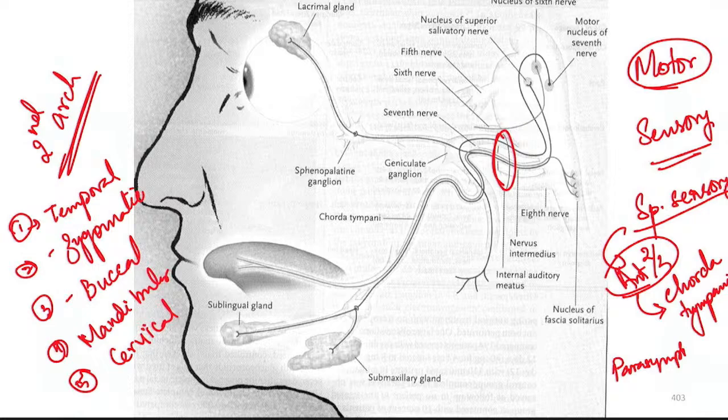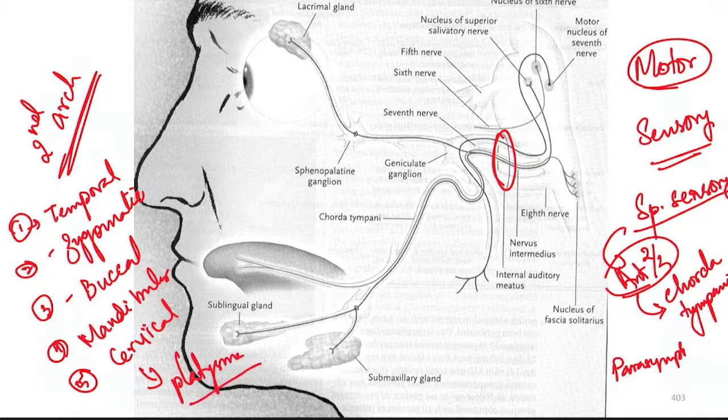Then the facial muscles: frontalis, orbicularis oculi, orbicularis oris, buccinator, zygomaticus, depressor labii inferioris, depressor anguli oris, platysma. The cervical branch gives the nerve supply to the platysma.